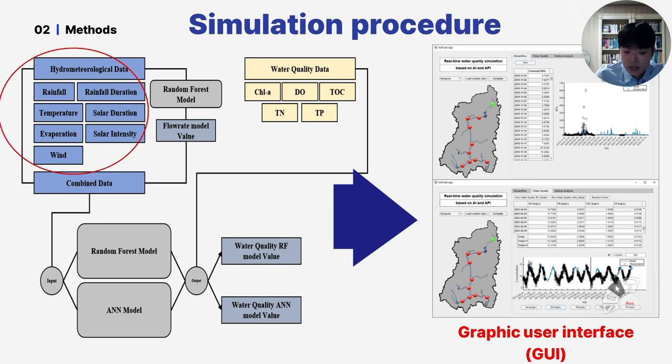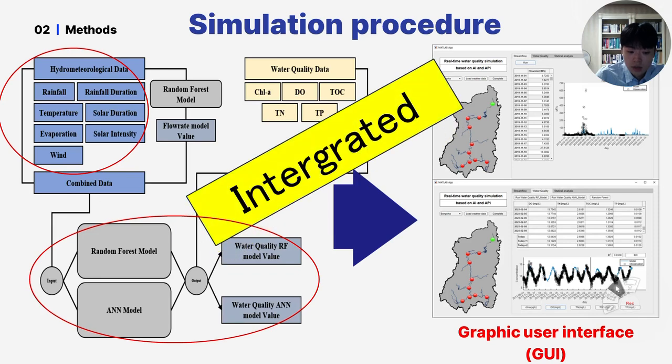The resulting data, consisting of both weather and flow rate values, is then input into the water quality simulation prediction models. The output of these models is compared to the water quality values obtained from the API and plotted on the graph. This allows us to assess the accuracy of our simulation prediction models.